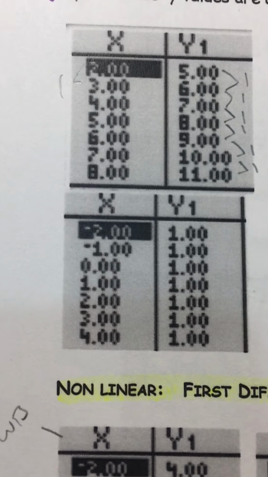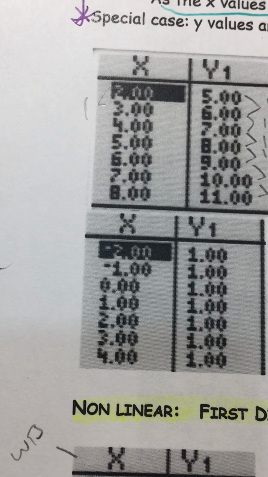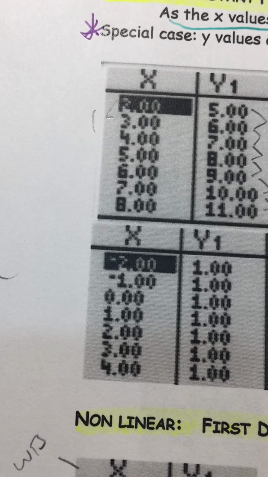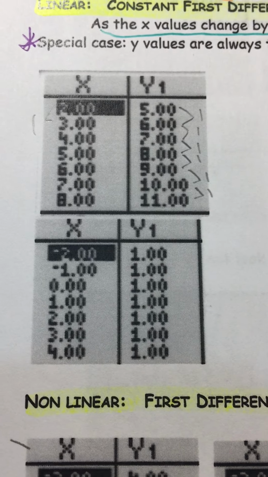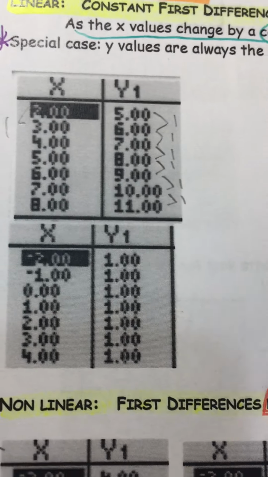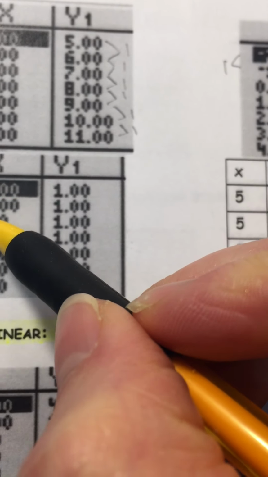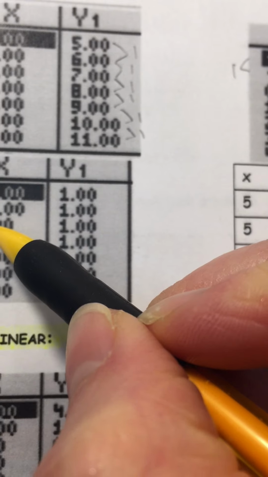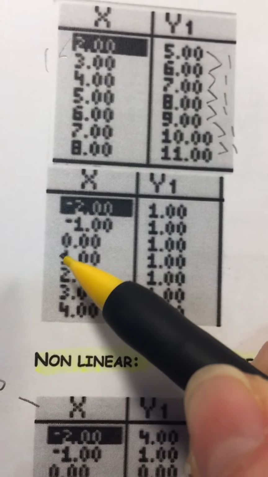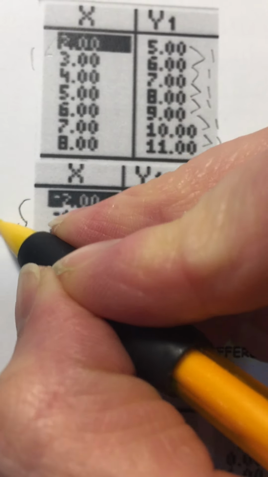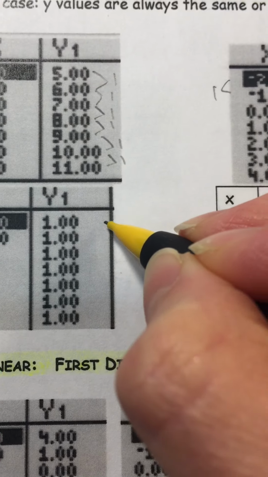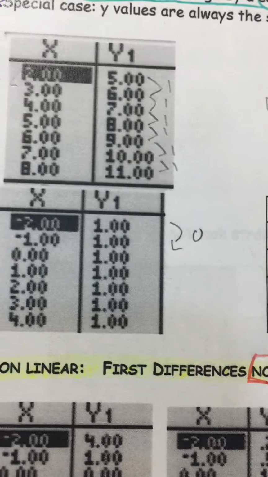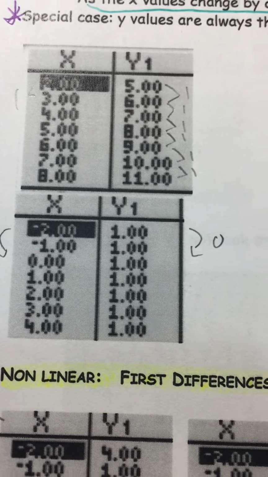Okay, there's two special cases, and that's this one. If you notice, in the X column, the difference is always 1. It's going up by 1 every time. It's always the same. This one is going up by 0 every time, or it's not changing.